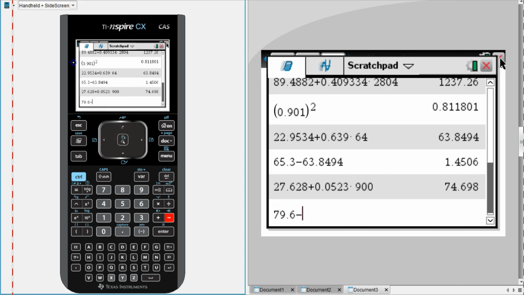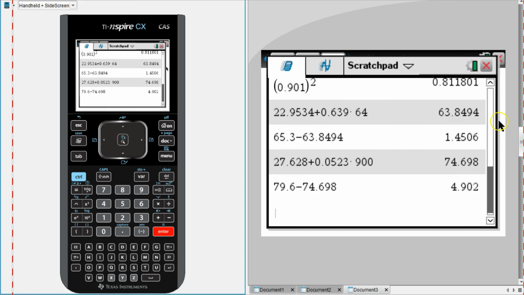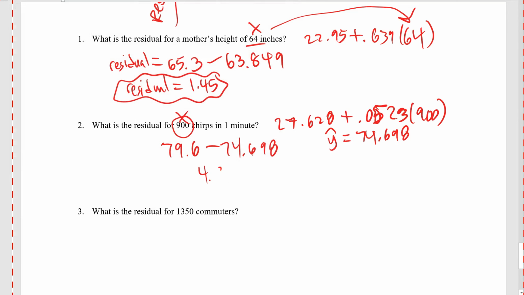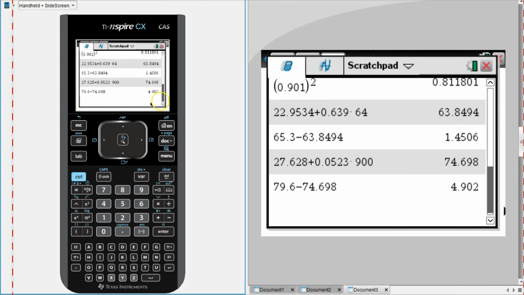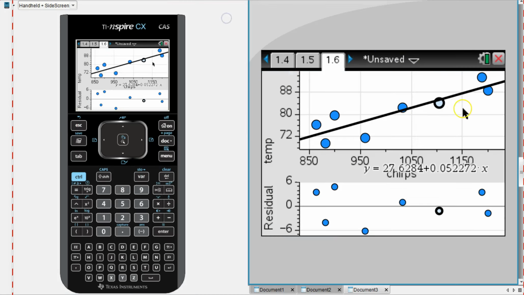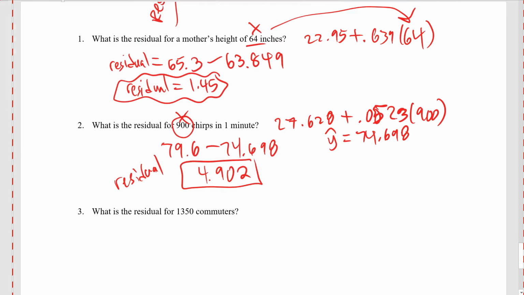Actual minus predicted, about 4.9. That would be the residual. That is how far off the actual is from the predicted. I can double check this. If you've done the graph at 900 chirps, where's 900 chirps? Right here. Go down here, 4.93. Some round off errors. So you might want to keep that in your calculator.